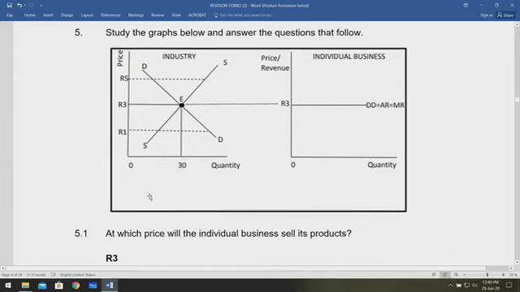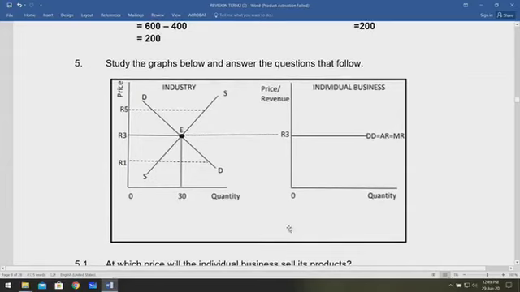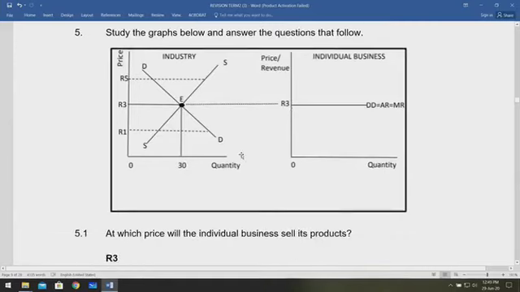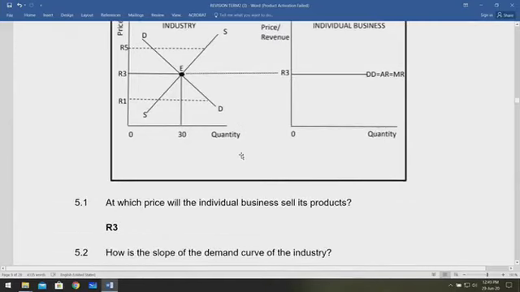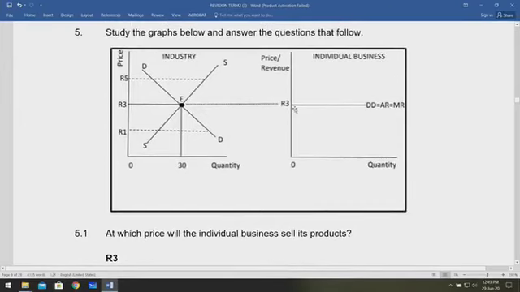Right, so the first question here: at which price will the individual business sell its product? Obviously, at whatever the market equilibrium is, which is the 3 Rand. How is the slope of the demand curve of the industry? We've had this in the question before this.